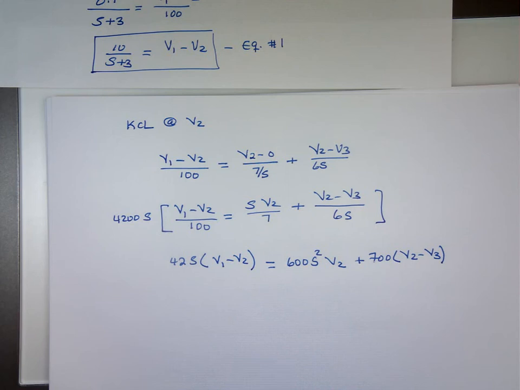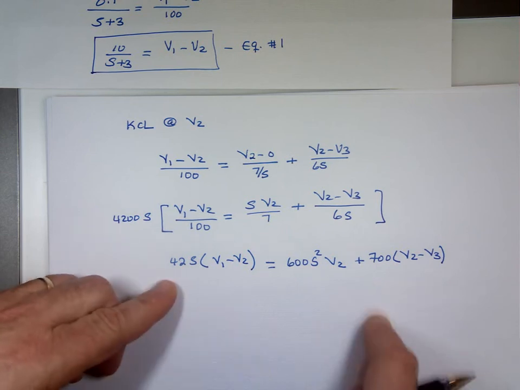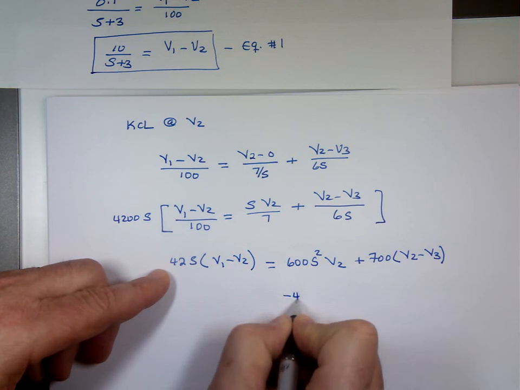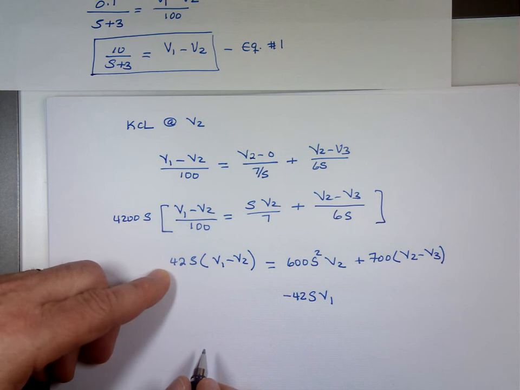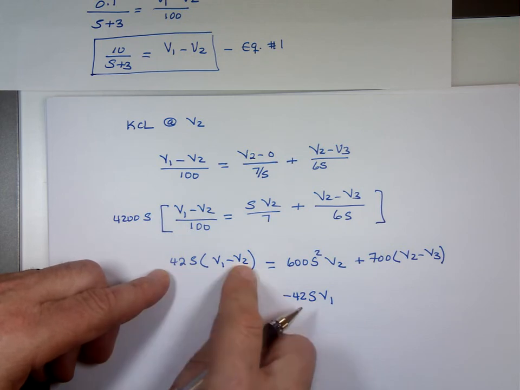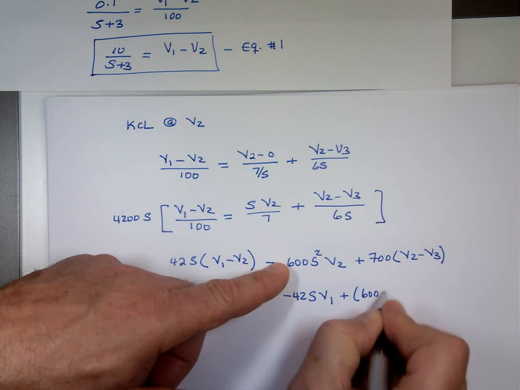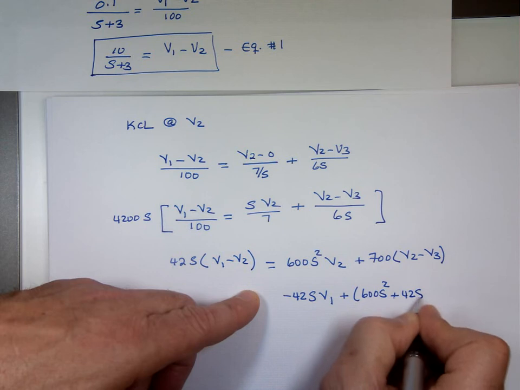I have V1, V2, and V3. V1, if I bring everything to one side, that's negative 42S. V2, if I bring to this side, becomes a plus. That'll be what? 600S squared plus 42S plus 700 V2.